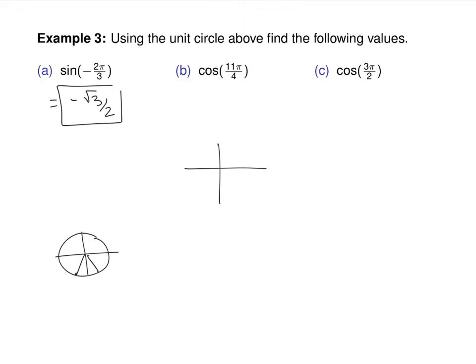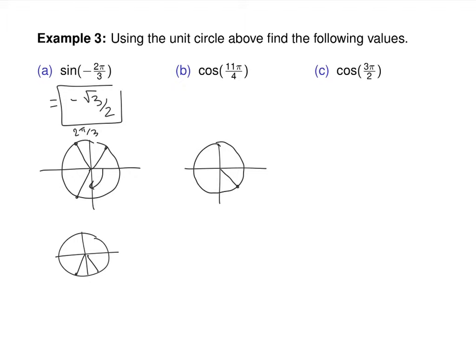Okay. 11 pi quarters. So what's the biggest pi quarters you see on there? I actually don't get it. Yeah, we'll go back to the circle, okay? So look at your circle. That's the pi thirds angle. That's the 2 pi thirds angle, right? So negative 2 pi thirds is just the backwards direction, same distance.